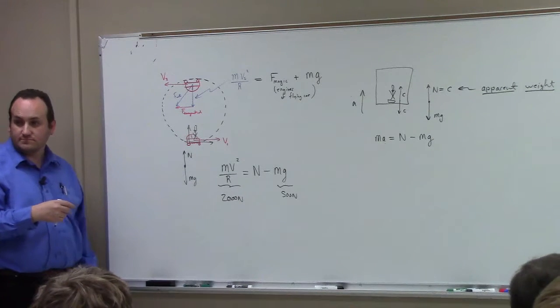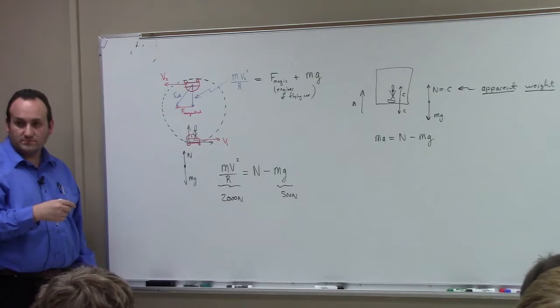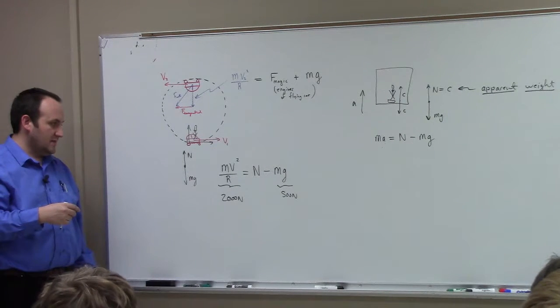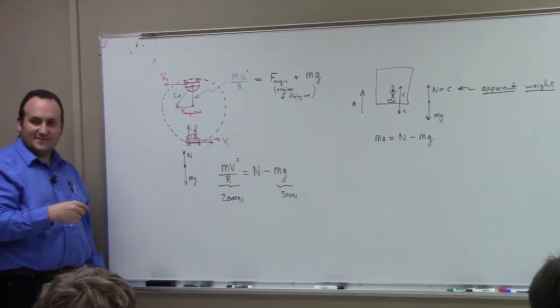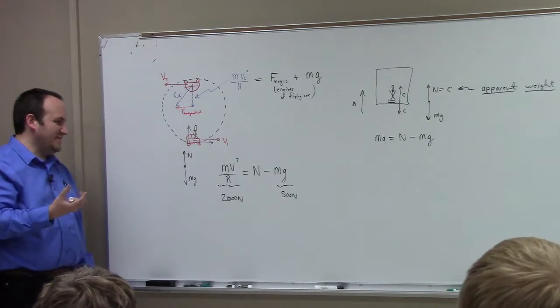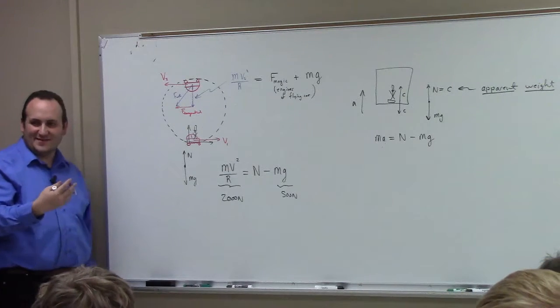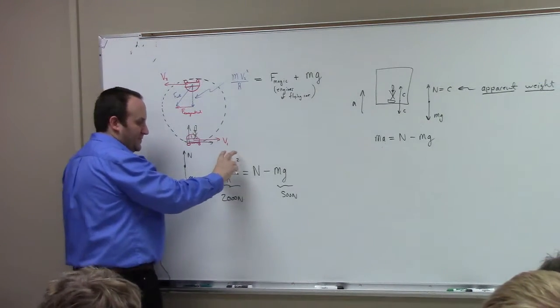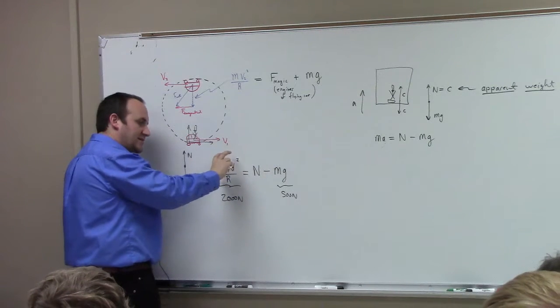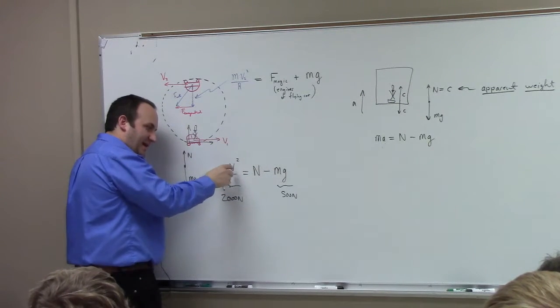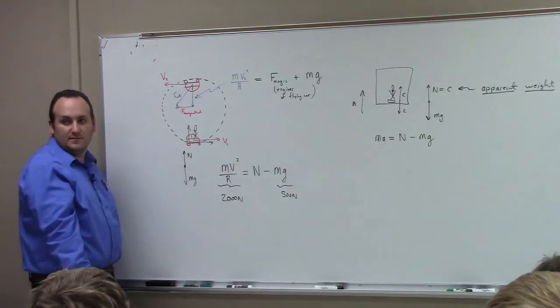So the mv squared over r is the centripetal force going towards the center of the circle, acting on the car? Yes. Although technically speaking, it's not really a force. We say it's a force, but it's just a kinematic term that comes from the fact that it's going in a circle and you do calculus, and ma has to work out to be this.